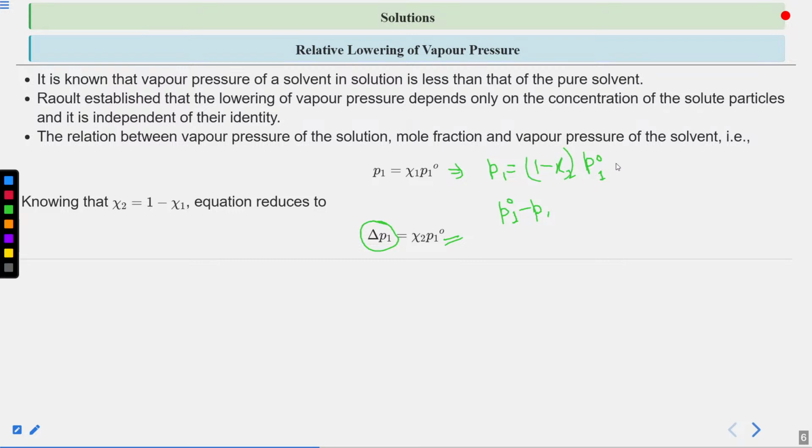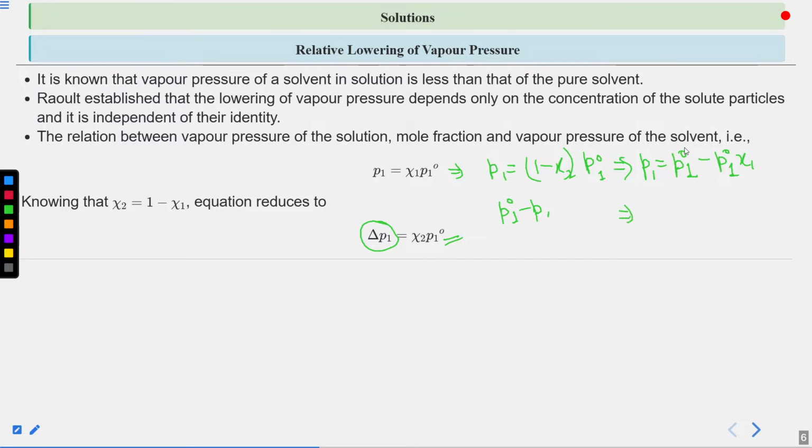If you just multiply it within the brackets, you will get P1 equal to P naught 1 minus P naught 1 chi2.